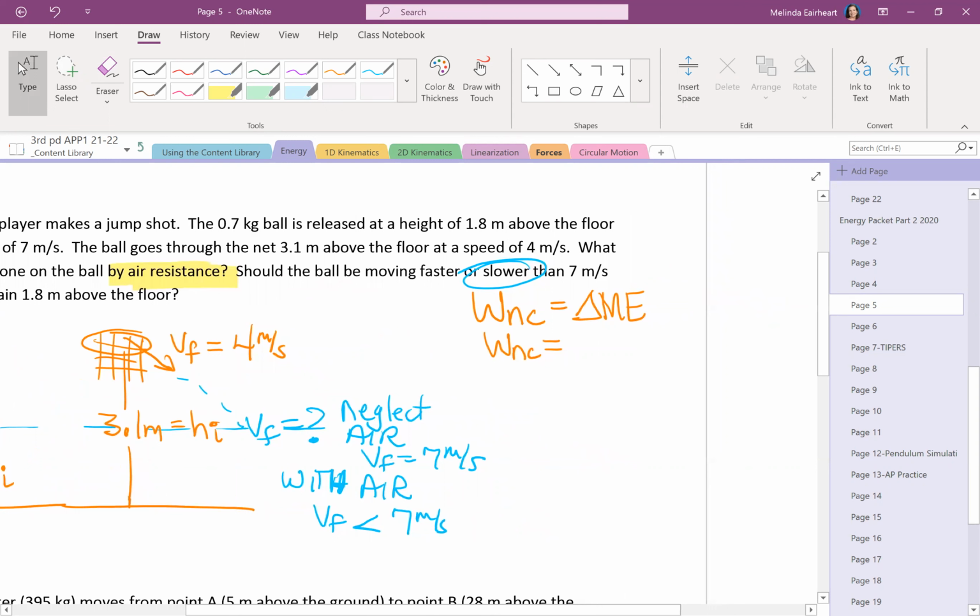Kinetic? Potential? Okay, so it's that change in kinetic plus change in gravitational potential. Do we have any springs yet? No, there's not going to be a lot of springs on today's examples, but we'll hit them next class, okay? And so each of these is going to be a final minus initial.